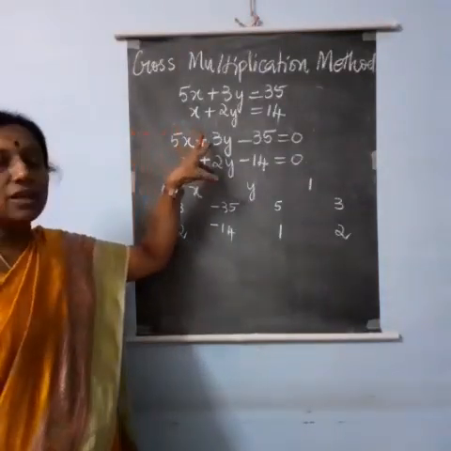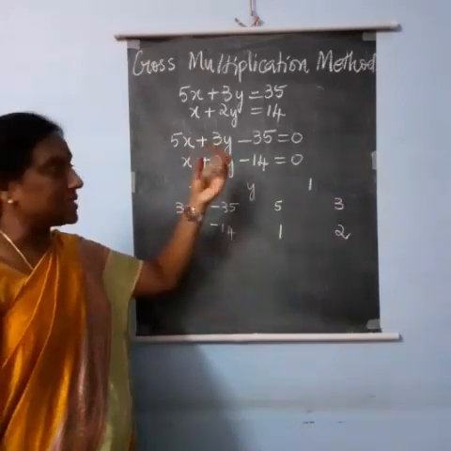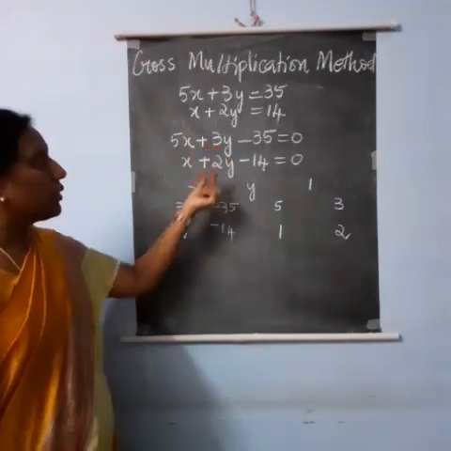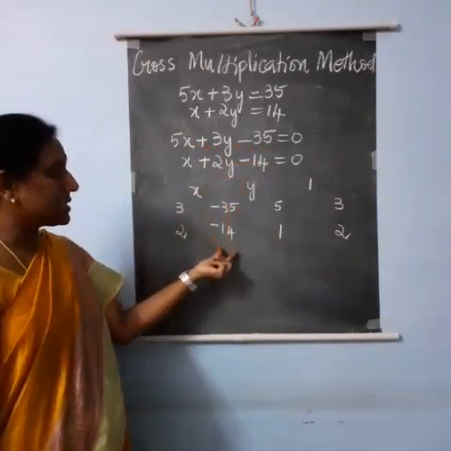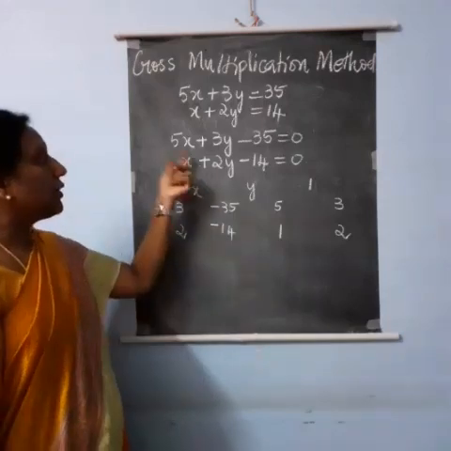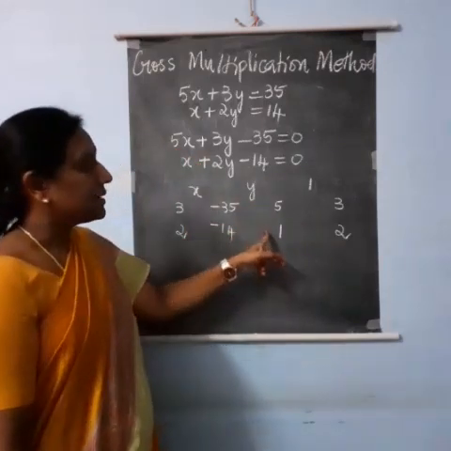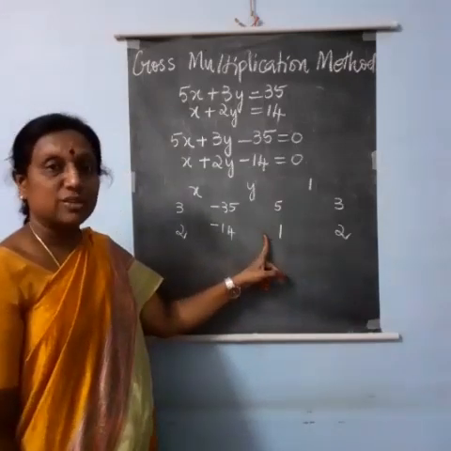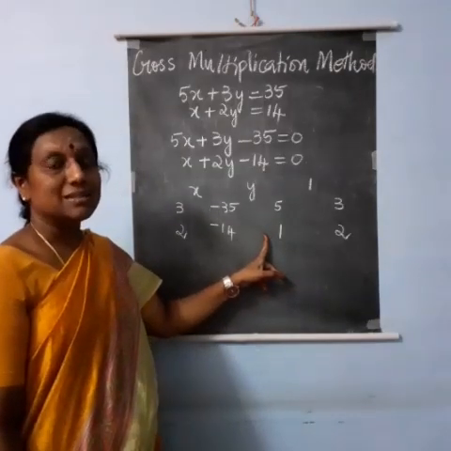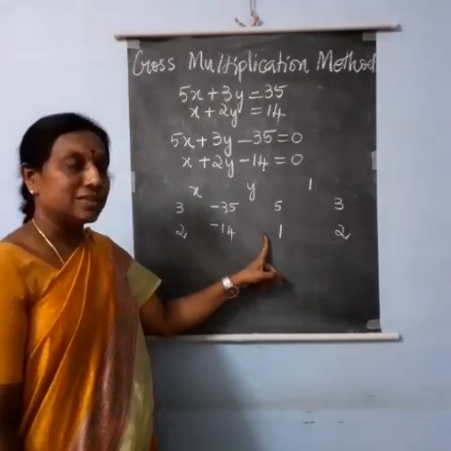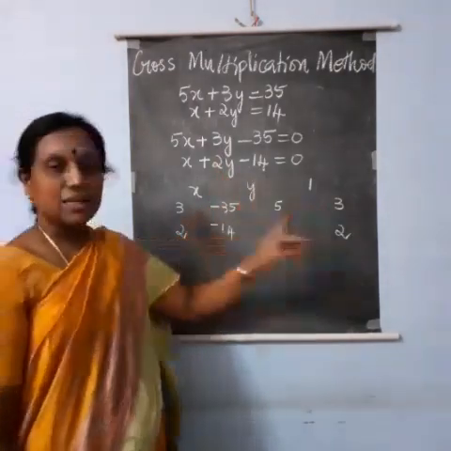I have started with the coefficients of the y term, that is 3 and 2, followed by the constant terms minus 35 and minus 14, followed by the coefficients of the x term, that is 5 and 1, and finally we will finish off with where we started, which is the coefficients of the y term, 3 and 2.